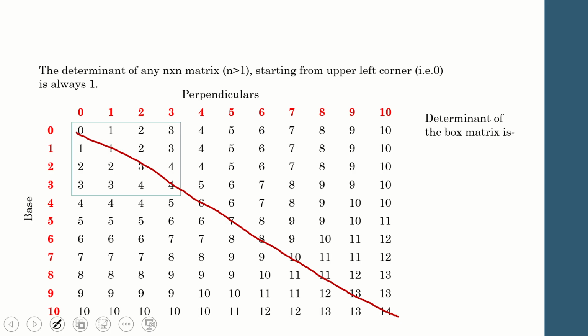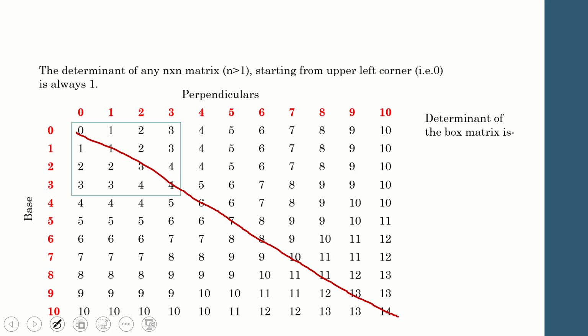In general you cannot solve the determinant of this 11 by 11 matrix, because up to 5 by 5 matrix we are able to do it using row column operations, but 11 by 11 is a very big determinant.